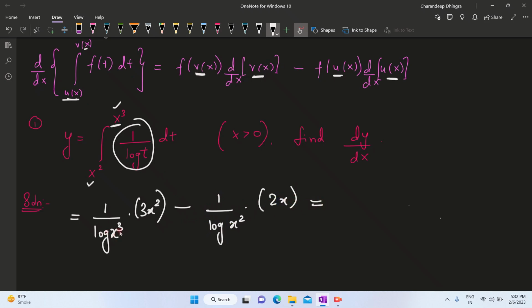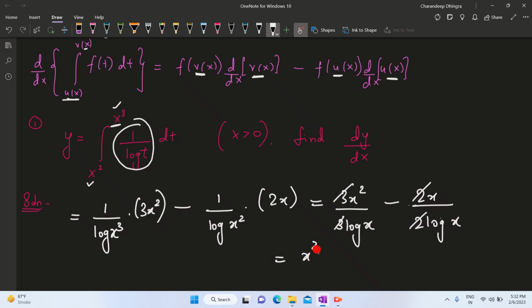Now I can write this as 3x square upon 3 log x, minus 2x upon 2 log x. This gets cancelled. So finally the answer is (x square minus x) upon log x, right?